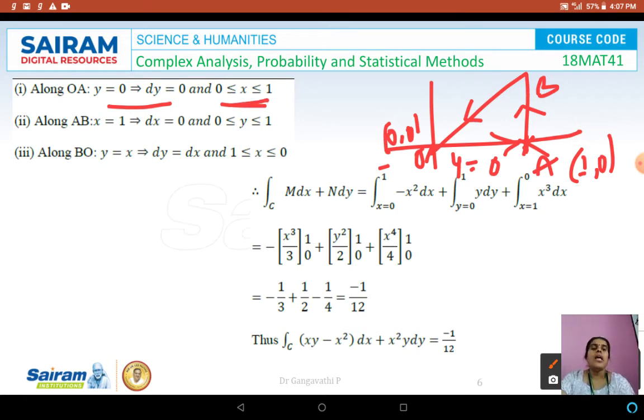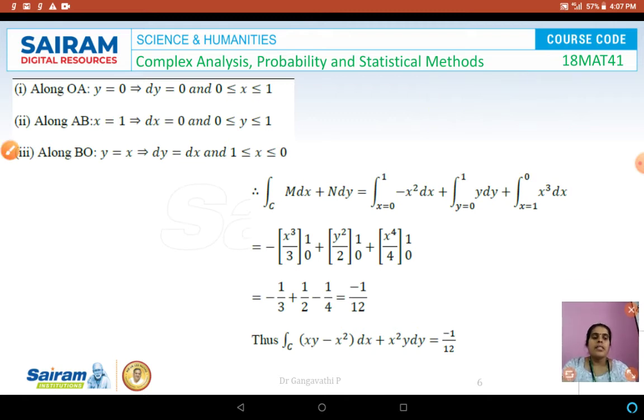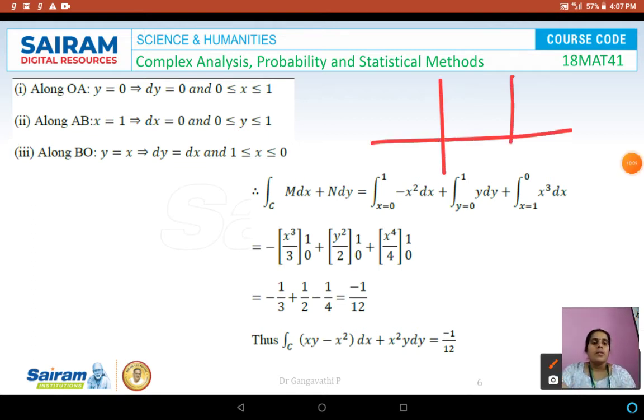Similarly, along AB, so A to B, observe this graph. A has the coordinate 1, 0 and B has the coordinate 1, 1. Since A to B is a vertical line, we will write the limits for y from 0 to 1.